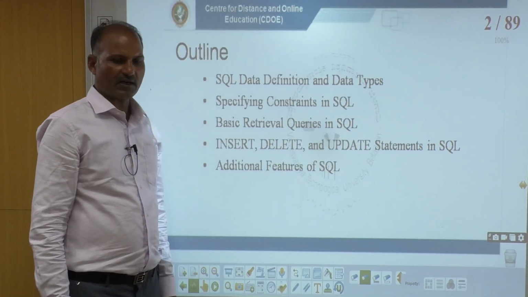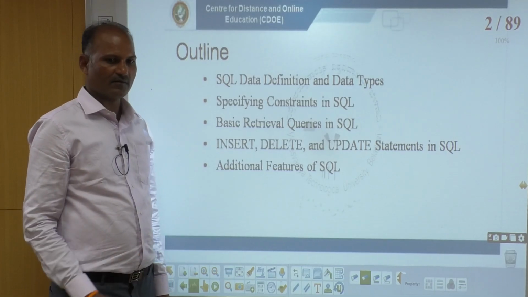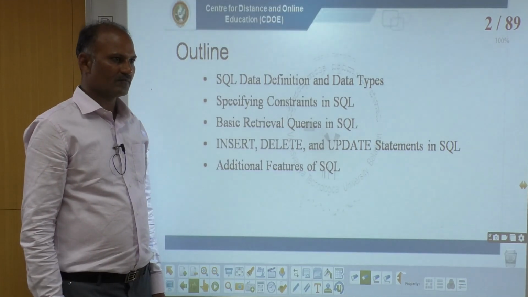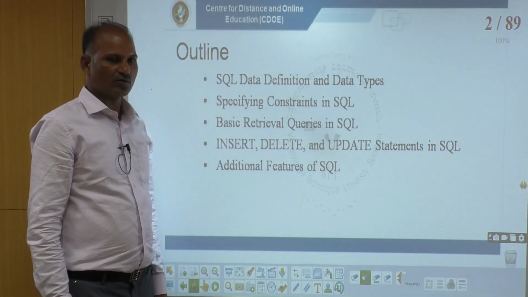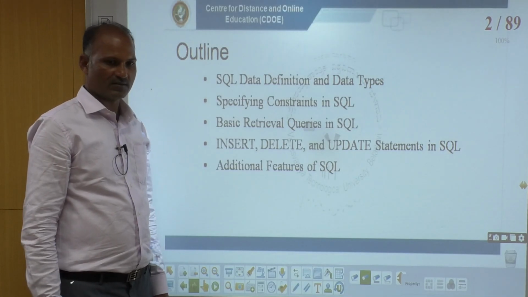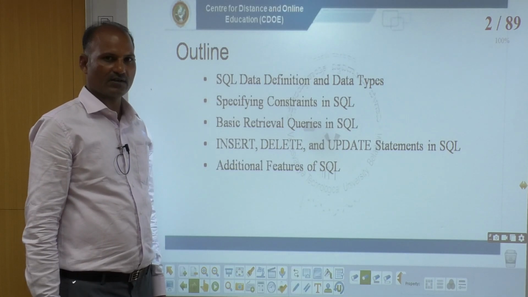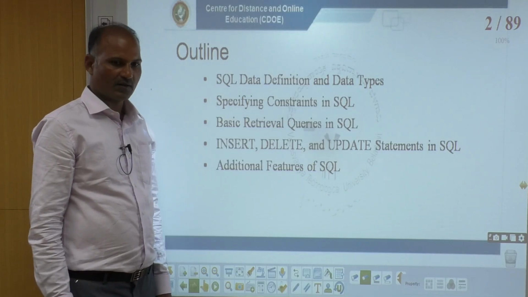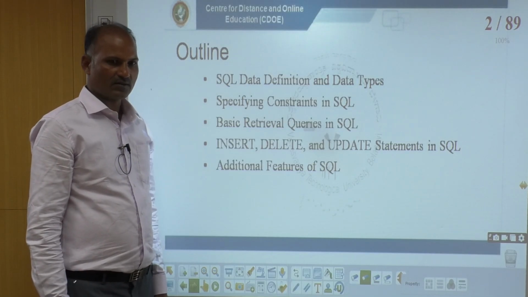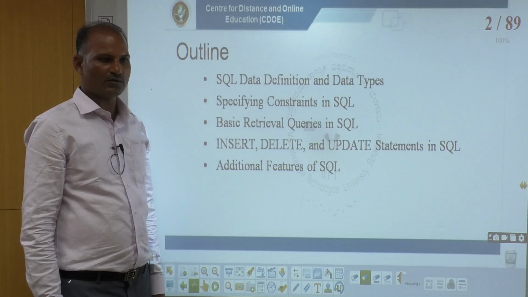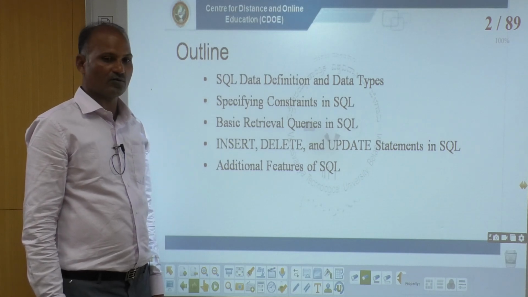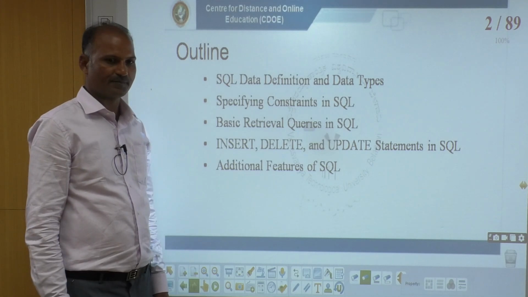We can store the data in different forms, like you store the data in files, or you store the data in object form. Likewise, the DBMS allows data to be stored in different forms.